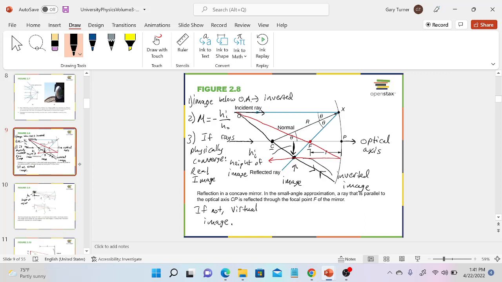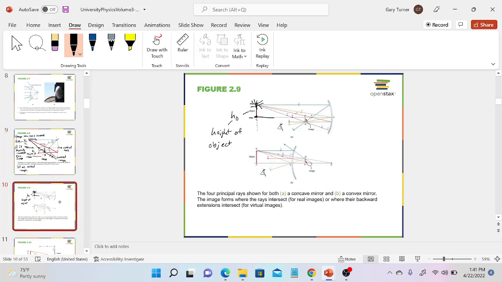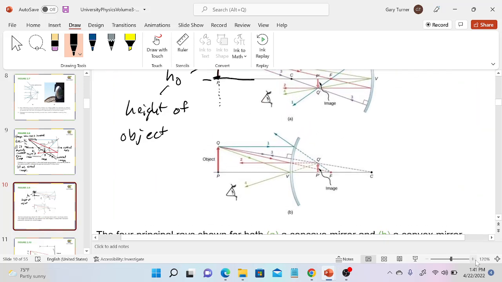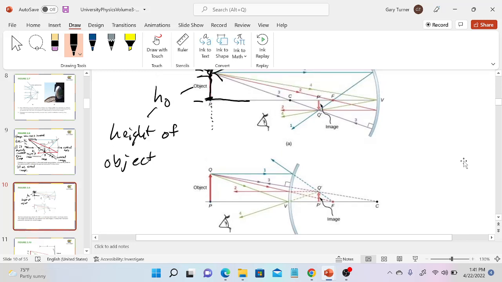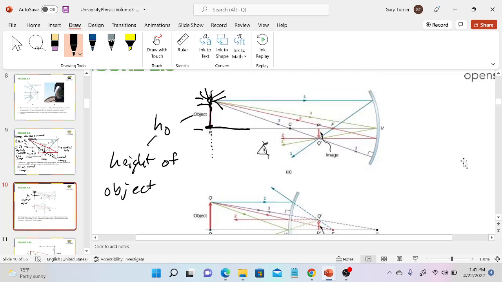For example, let me see if we enlarge this some. So up here, we have a situation for a concave mirror, and this is when the object is beyond the center point.